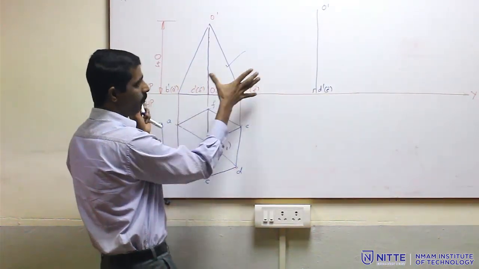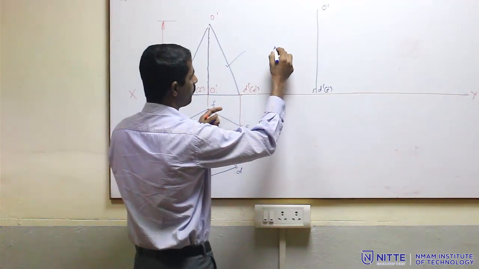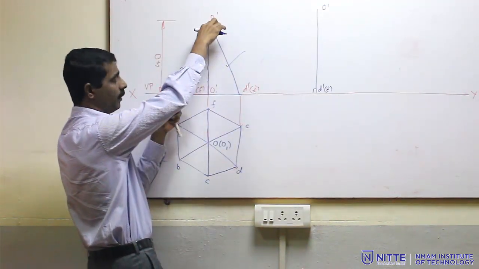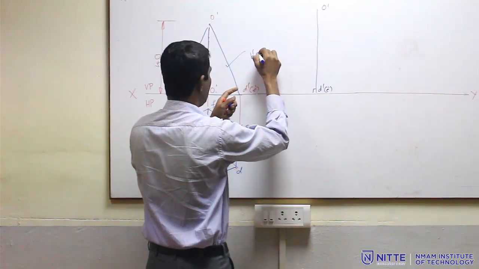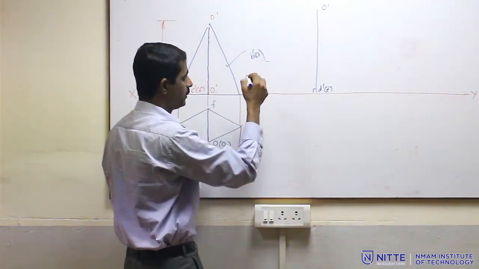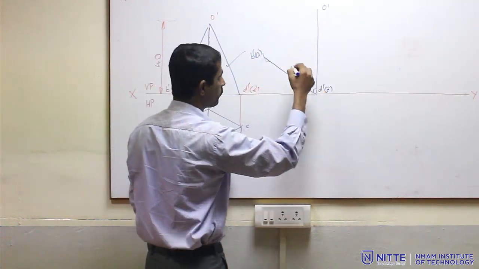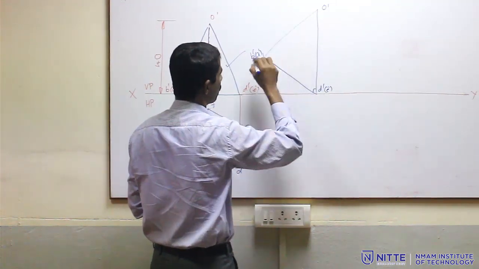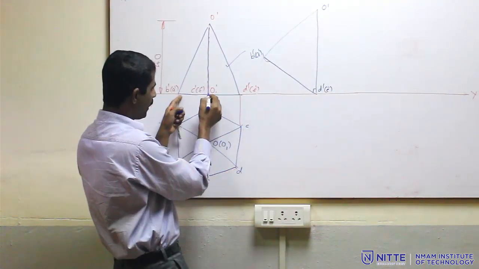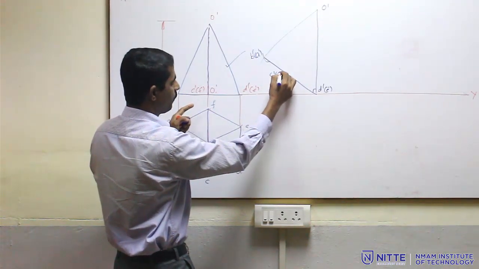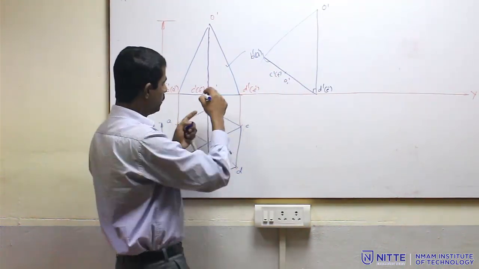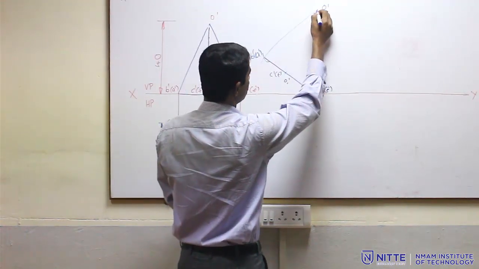Measure this length in the compass and cut an arc here. Similarly, measure a length from O dash to B dash and cut an arc here. So, we will get B dash A dash. Just join them. Then mark this point, which is the midpoint of this line C dash F dash, also O1 dash, and join this line.